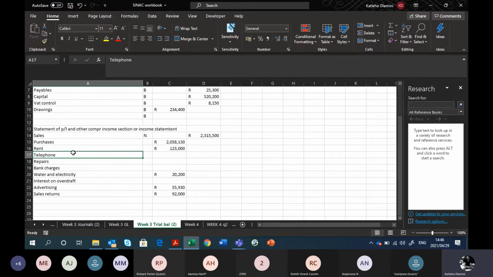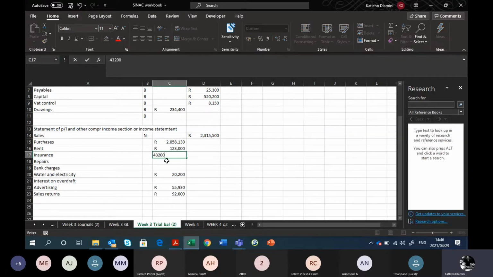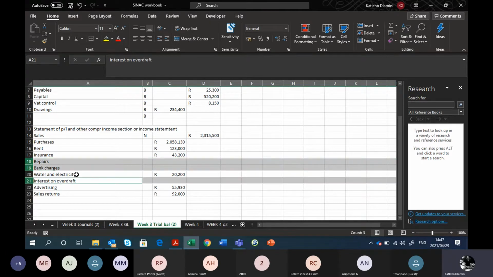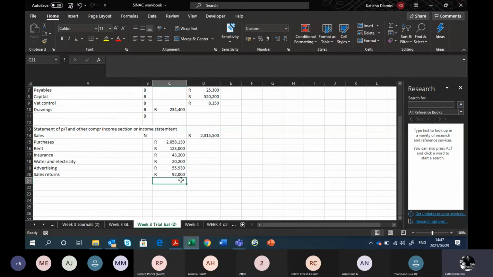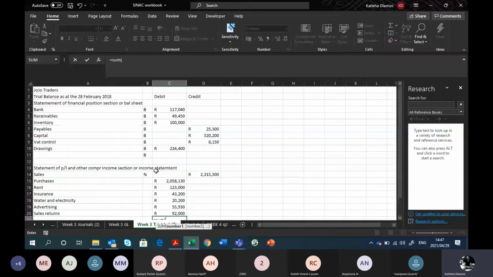The next one was insurance. And that was 43,200. Okay. So we didn't have this. I don't want to do it like this. Or this. Delete. Okay. So this was number 3. I am not sure if this will balance now. There were so many issues with this one.